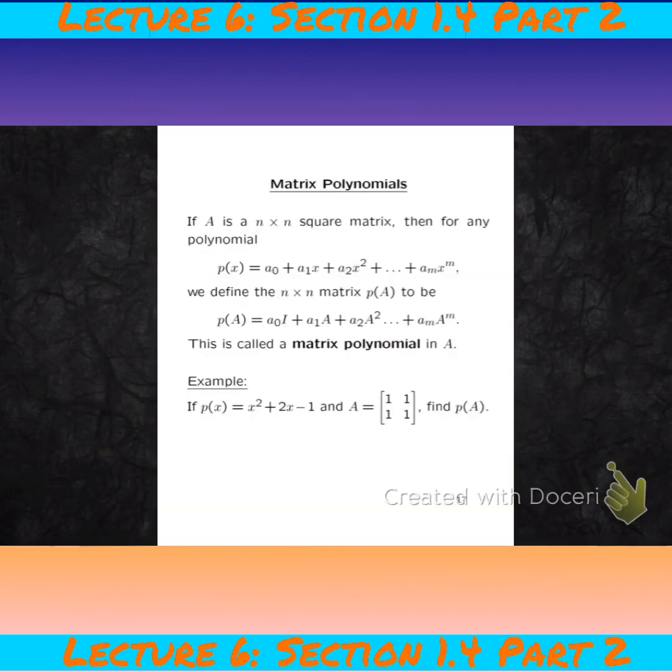Right, just one point, matrix polynomials. In this case, if A is an n by n square matrix, then for any polynomial p(x) = a0 + a1x + ... + amx^m, we define the n by n matrix p(A) to be the polynomial where now your variables that used to be these x's are in fact now n by n matrices.